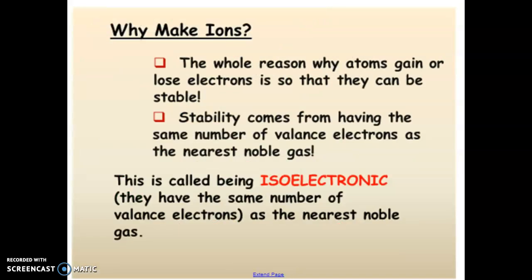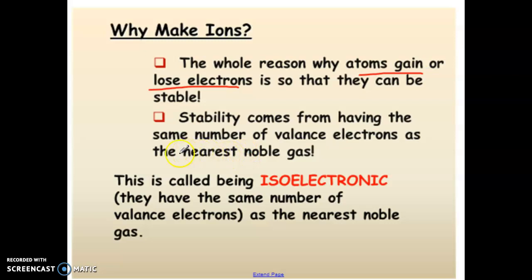Remember, the whole purpose for why atoms make ions is actually for stability. It's either to lose electrons to have a stable octet or to gain electrons to become a stable octet. Once we start chapter 2, we will review ionic compounds again, but essentially it's either going to lose or gain electrons in order to have its valence shell be completely full.